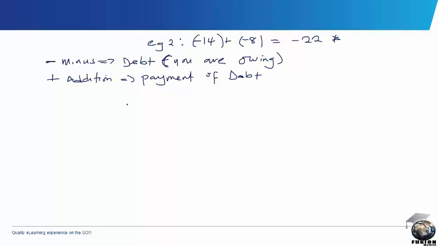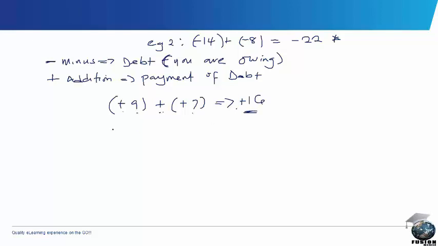From the first example we can say that plus 9 could mean that you are paying 9 naira and you pay another 7 naira. When you pay 9 naira and another 7 naira, how much will you pay? That means you've paid 16 naira.